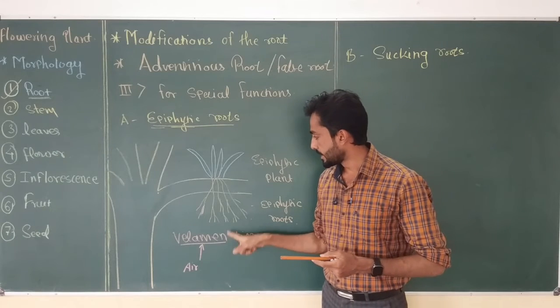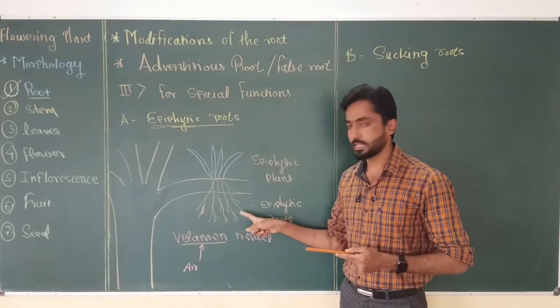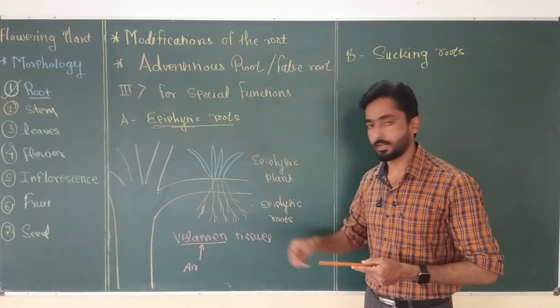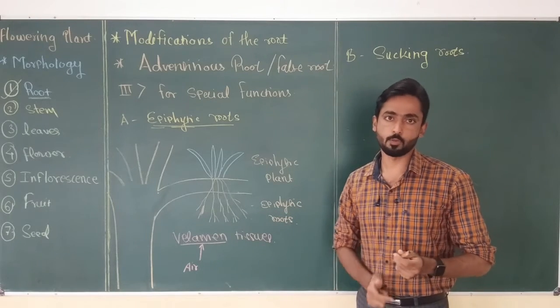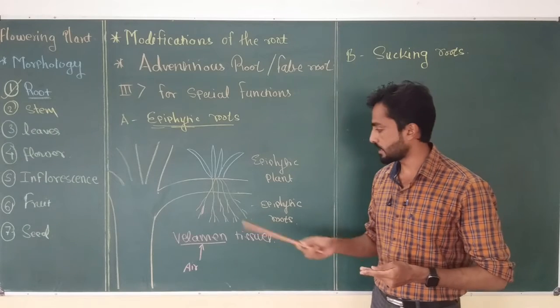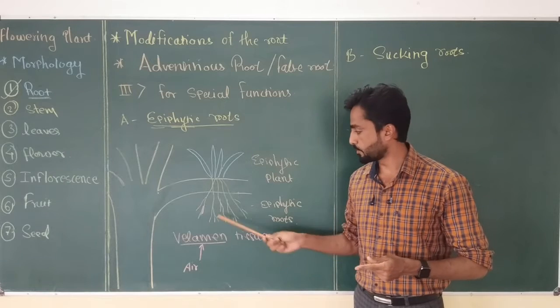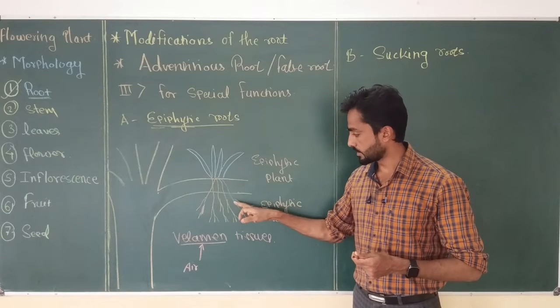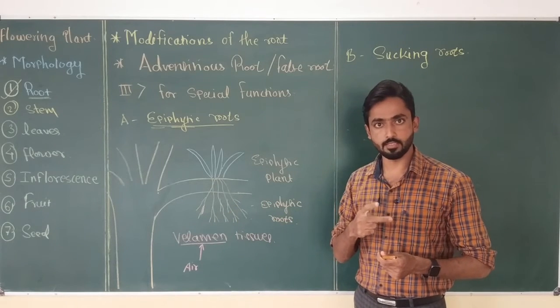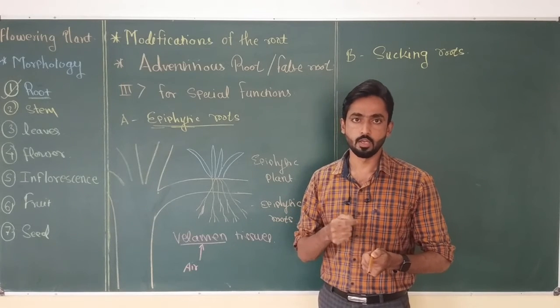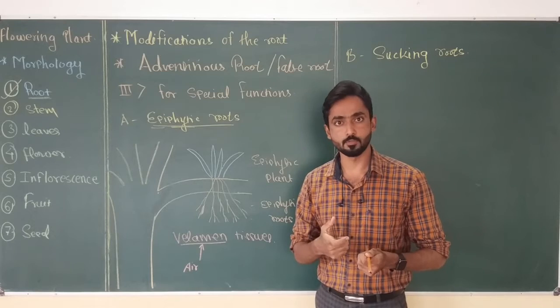Another important thing related to the epiphytic root is that they have assimilatory power. That means sometimes this root contains a small amount of chlorophyll pigment so that they can also perform photosynthesis and produce their own food material. So the root helps in two important things. Number one, absorbing water directly from the atmosphere, and number two, the photosynthesis process.